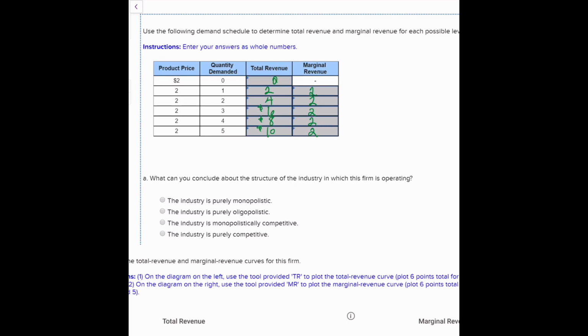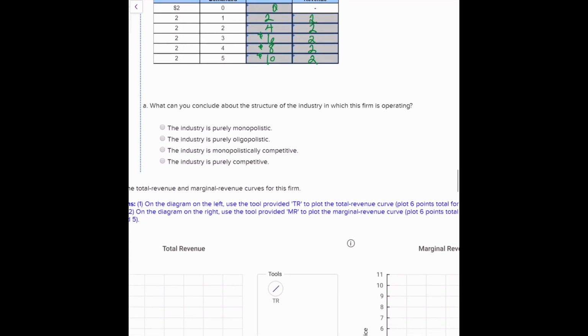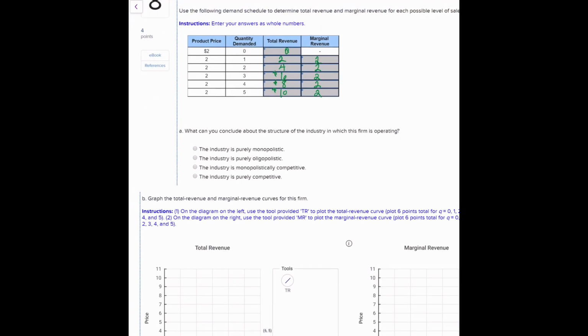Marginal revenue is $2. So it says, what can we conclude from this about the structure of the industry in which this firm is operating? Well, if marginal revenue is always the same, notice that the price is constant, marginal revenue is constant. We just finished drawing a picture of that marginal revenue curve that is constant. This is the price, and it's also the demand curve, and it's also the marginal revenue curve.